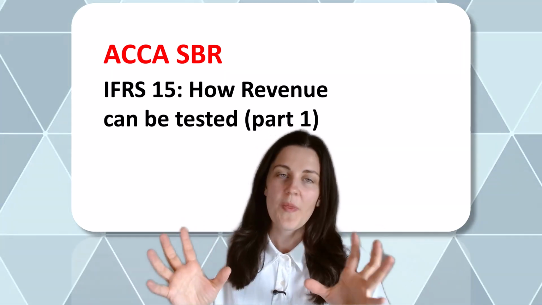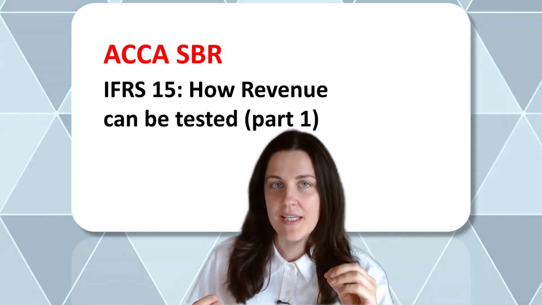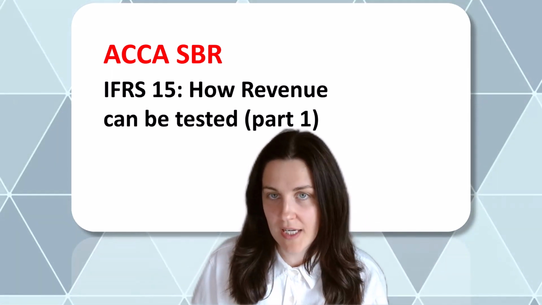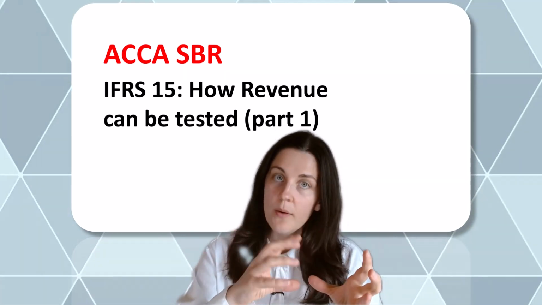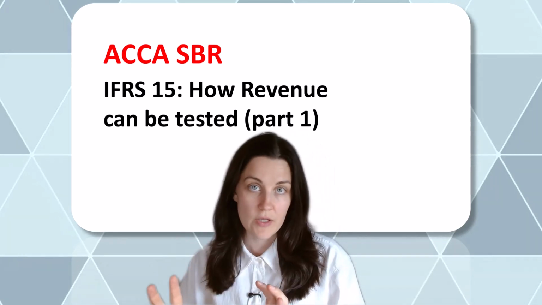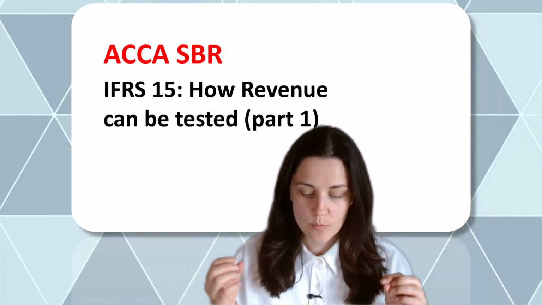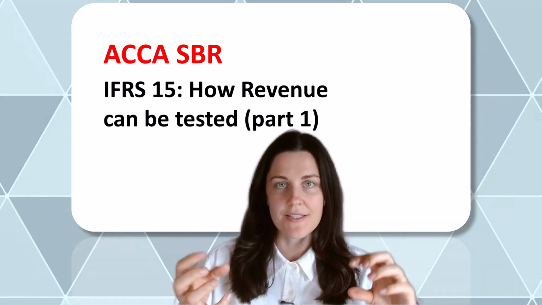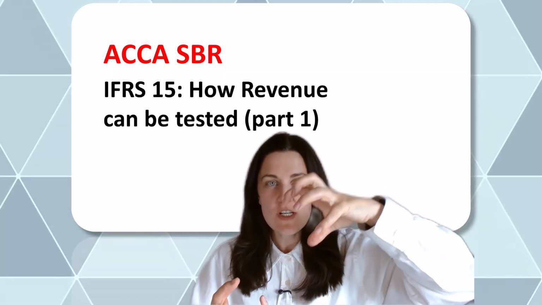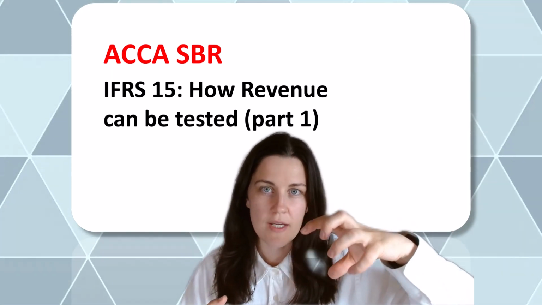First of all, the problem here is that revenue recognition means that we recognize credit revenue and debit accounts receivable. And the problem is whether we should reduce the revenue that we recognize.